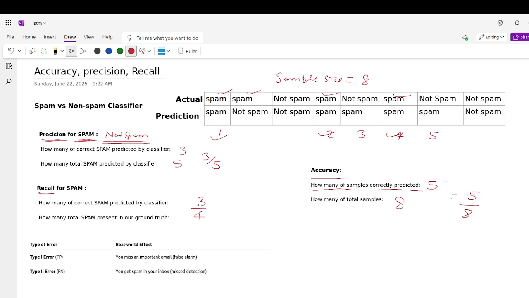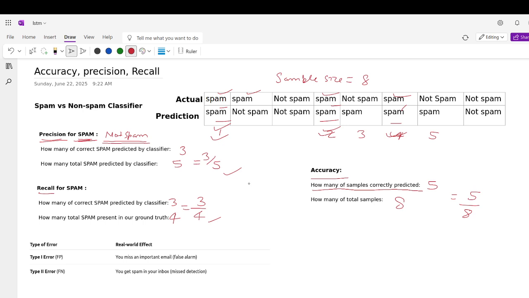Again 3, the same number as earlier, because out of 4, this one, this one, and this one are correct, since the model predicted spam and it actually was spam. So this number is 3, this is 4, and this is 3 by 4. This is the recall of spam, and this is the precision of spam.